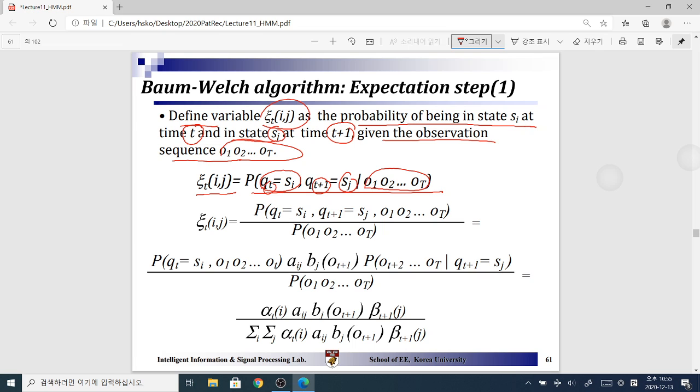Now, this is going to be equal to the probability of the joint, having the observation sequence involved, in the numerator, divided by the probability of the observation sequence. So this is the joint probability versus the conditional probability.